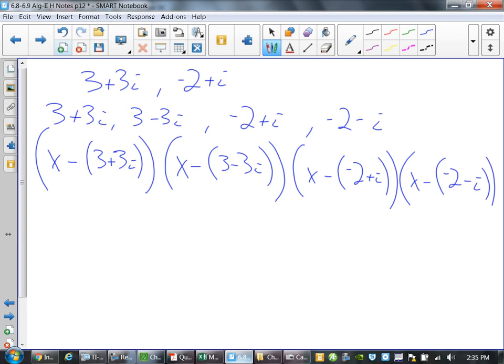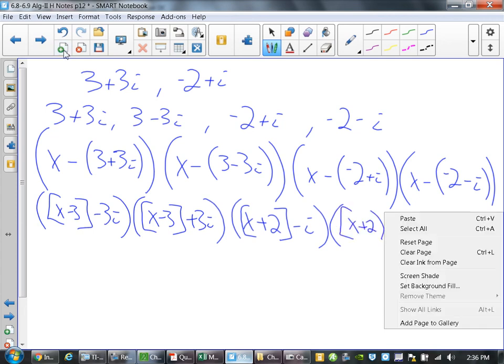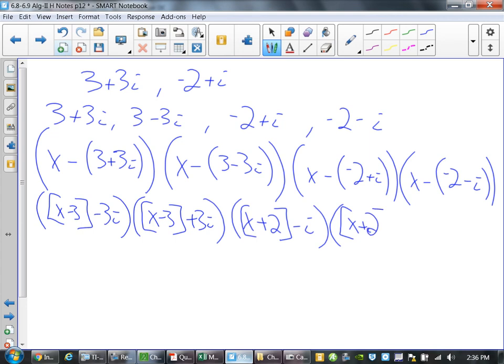Some of you guys might have already realized that there are some shortcuts to this, which is fine. I'm still going to go ahead and put them through. Distribute out your negative, you get x minus 3 minus the 3i, x minus 3 plus the 3i, in the brackets, x plus 2 minus i, x plus 2 plus i.